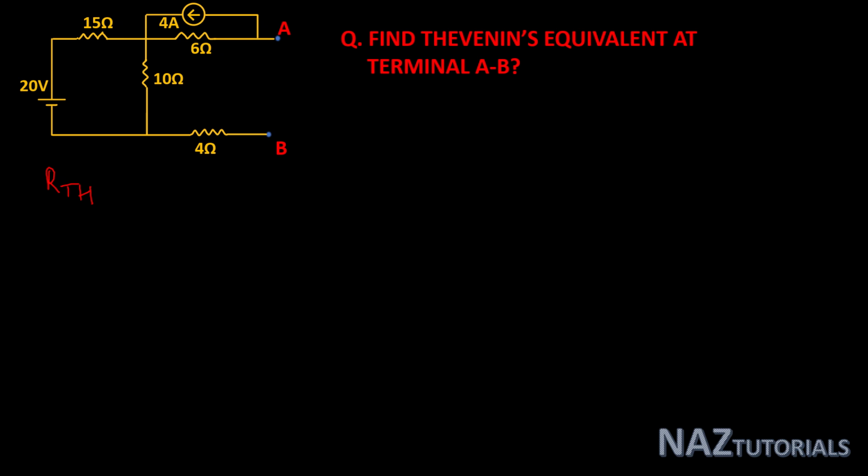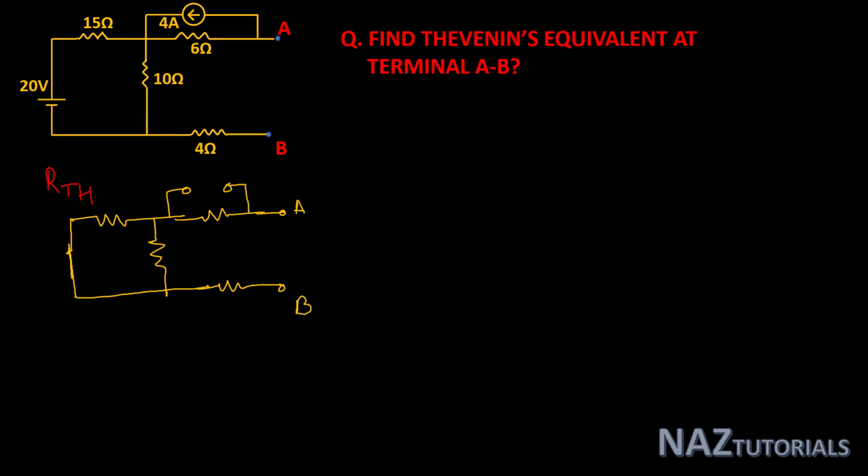And according to this, our RTh equivalent will be like this. This 20 volt is short circuited. This is 6 ohm and 4 ohm, and this is open circuited. This is terminal A, terminal B, 15 ohm, 10 ohm, 6 ohm and 4 ohm.